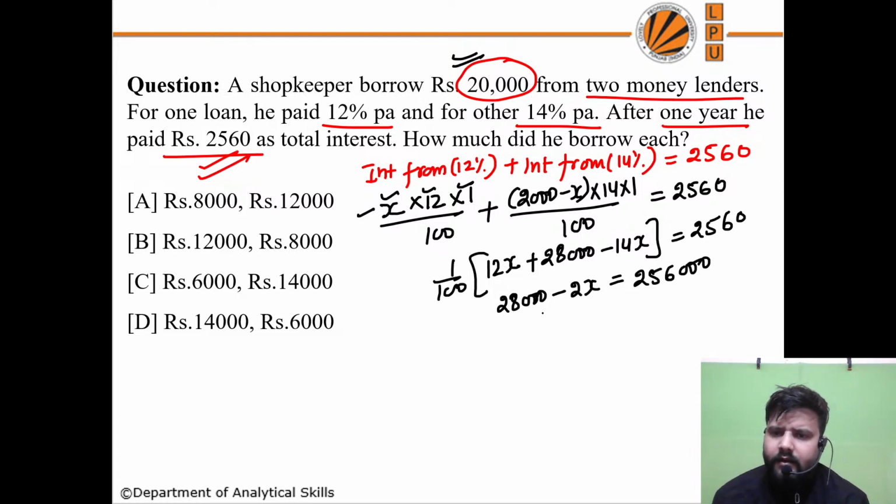Now 2x is equal to 256,000 minus 28,000. Okay, check the calculation once.